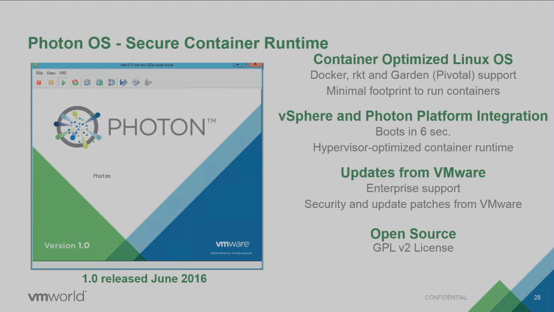So what we've done as part of this integration as well is that Photon OS that I mentioned earlier, which again you can download and go try and play with, that's part of vSphere Integrated Containers. So every time we spin up one of these container VMs, we're actually using Photon OS, which is a very minimal runtime. And the reason we did is because we actually wanted to minimize the boot time, but also the attack footprint that we're surfacing with these containers, because we didn't want to have a VM that has all this security and all these ports you're going to have to block.